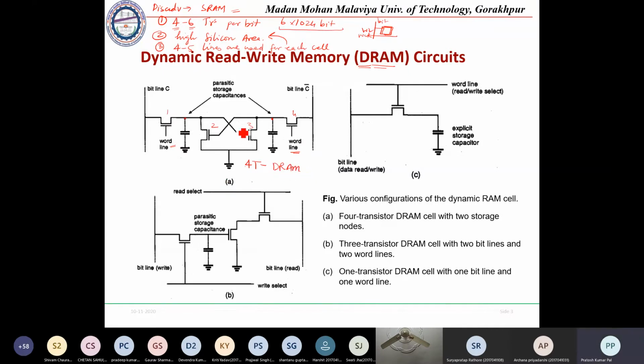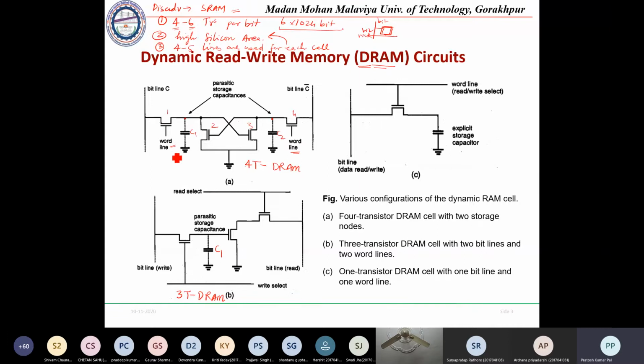Similarly, its modified version is 1 less than the 4T, that is, it is 3T DRAM structure. Instead of 2 transistors and 2 separate parasitic capacitors used to store the data, here a single parasitic capacitor and a single transistor are used for storage.